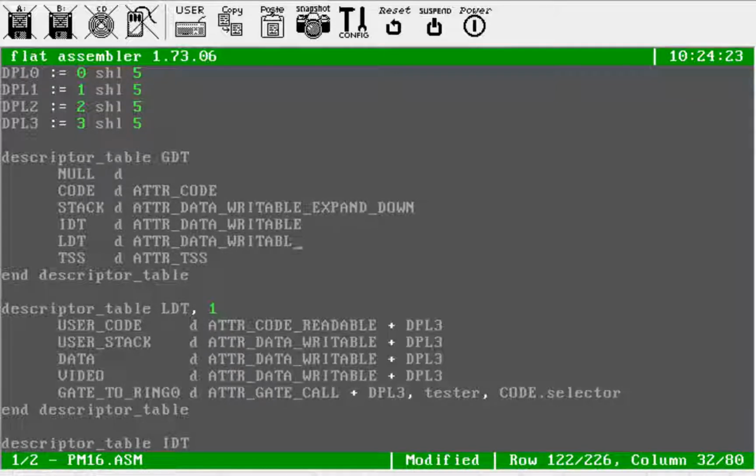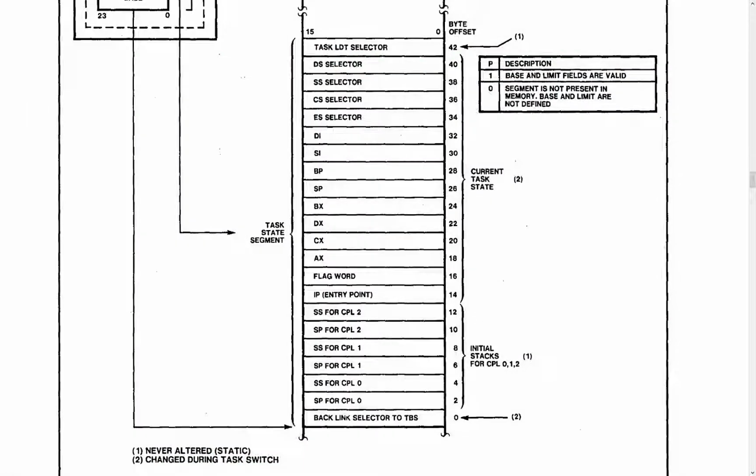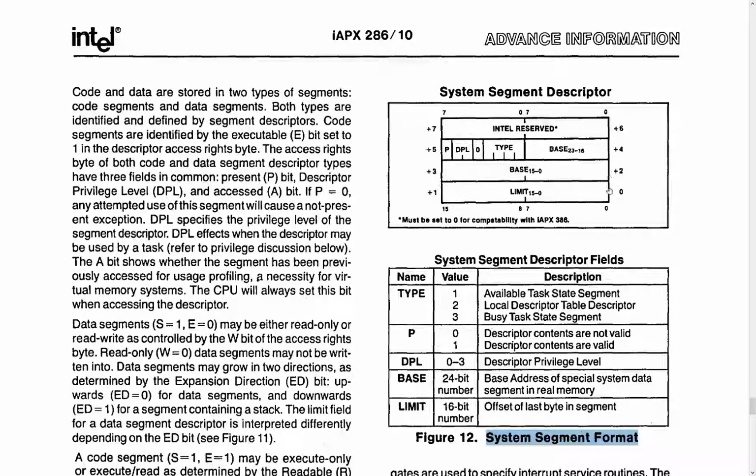Now we also need a descriptor for the LDT, and this is one of the special descriptors. We have seen them earlier. This descriptor is very similar to the task state segment descriptor. It just has value 2.